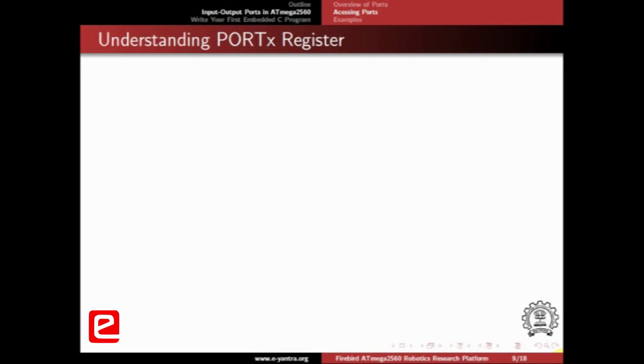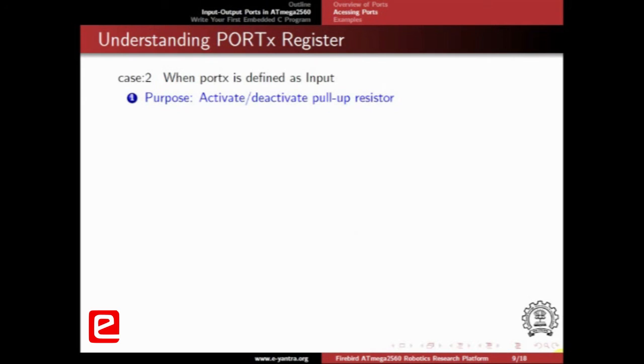Now let us see the second case. In this case, when the port is defined as input port, in such case the PORTX register is used to activate or deactivate the pull-up resistor. So what are pull-up resistors?